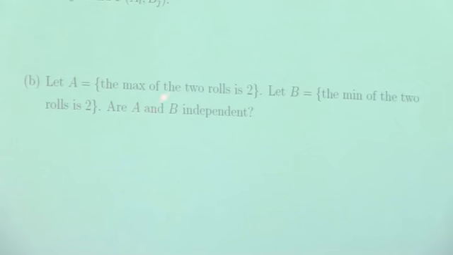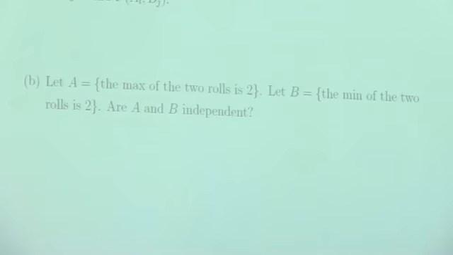Well, if the maximum of the two rolls is 2, this gives me some information that there is at least one 2, and the only case for the minimum to also be 2 is the second number also being 2. So these two events don't appear to be independent, although independence can be very counterintuitive. So we should always check.